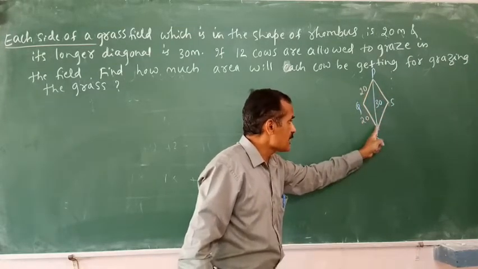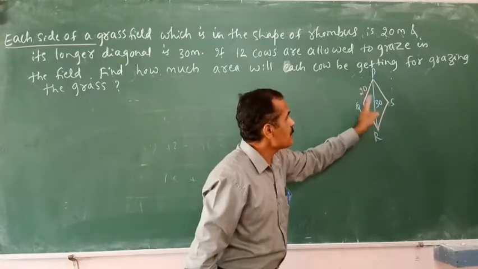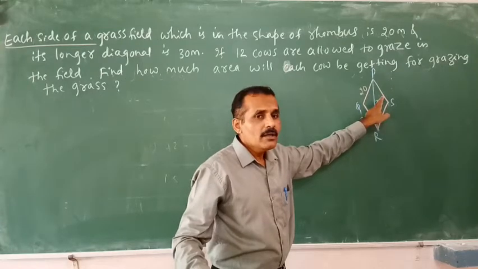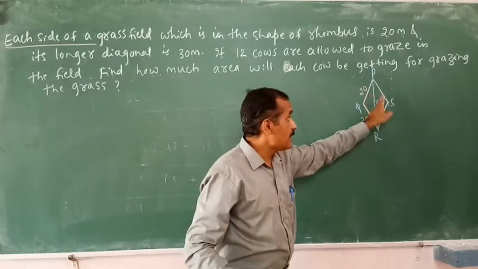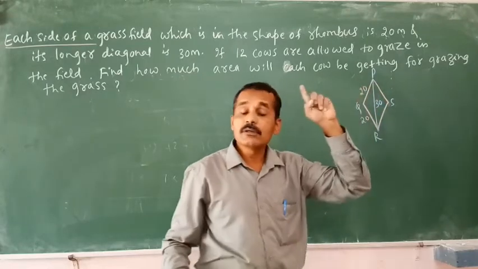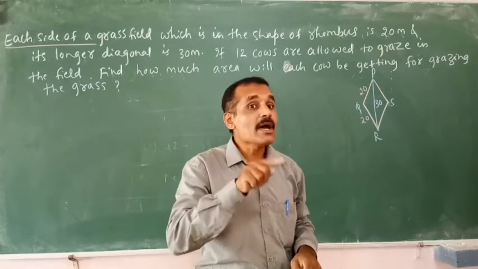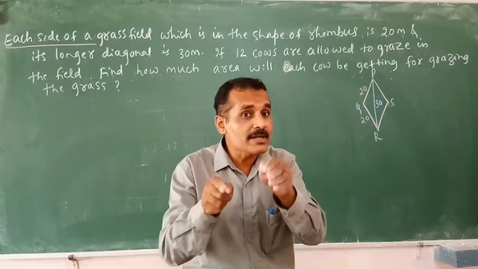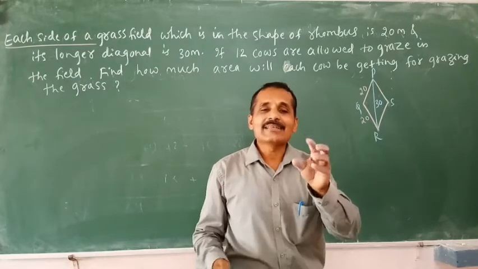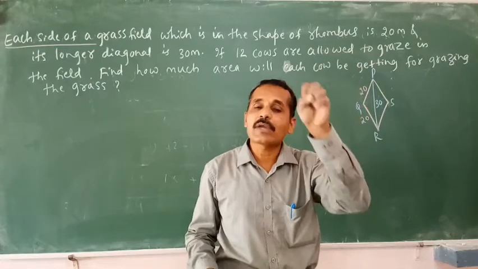This is the first triangle. Apply Heron's formula for this and multiply it by 2. Once you find the area of these two and add them, you get the area of the rhombus. Then divide that answer by 12 because 12 cows are allowed inside. Whatever answer you get, that is the area each cow can graze.